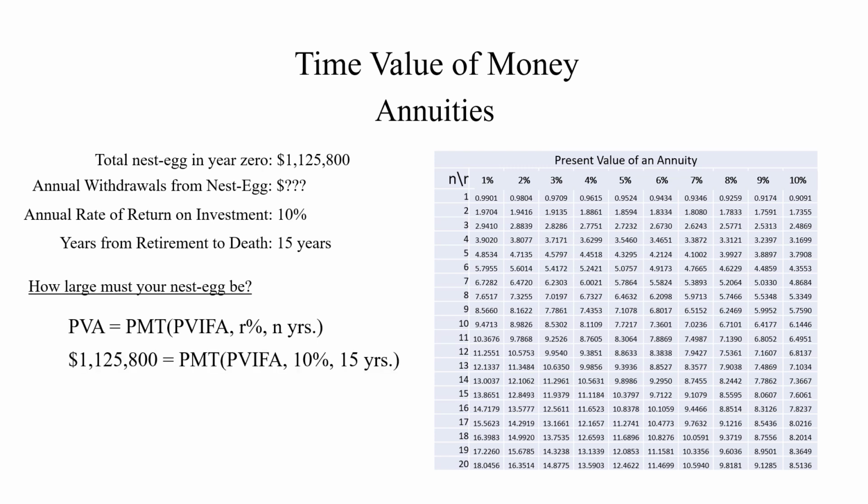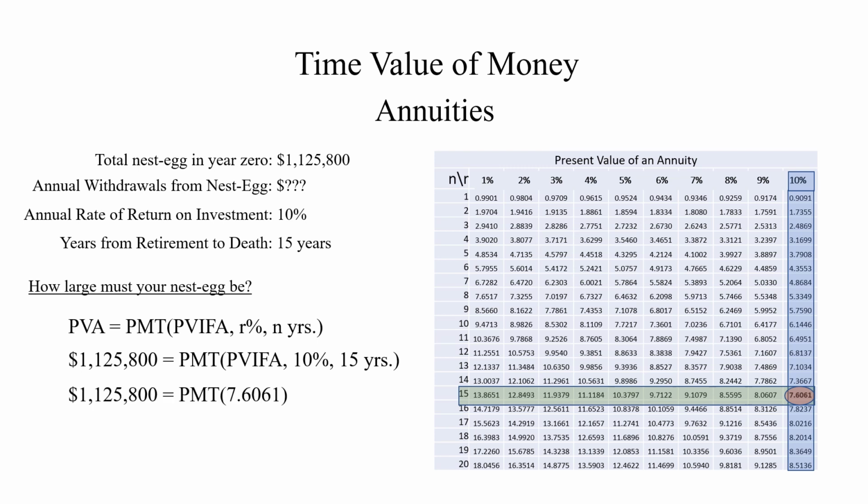Okay, filling in what we know into the present value of an annuity template, going across the 15-year row and down the 10% column to find the PVIFA, which is 7.6061, and then dividing the PVIFA into the nest egg, we get $148,013.